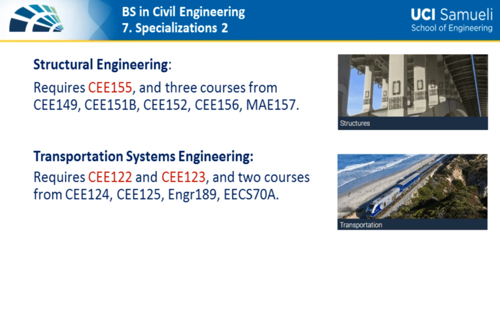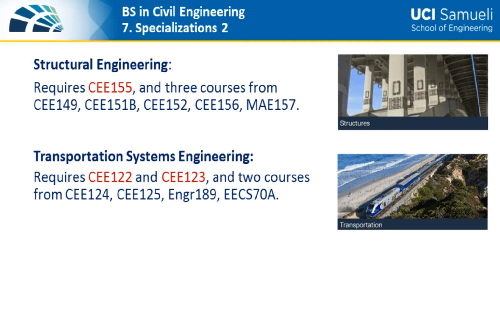The BSCE program requires that each student select a specialization. The other 2 of the 4 specialization choices are in Structural Engineering and Transportation Systems Engineering. Each specialization requires 4 courses, but unlike the first 2 specializations, each of these has specific course requirements. The specialization in Structural Engineering requires CE 155 Steel Design and any 3 other structural engineering courses.